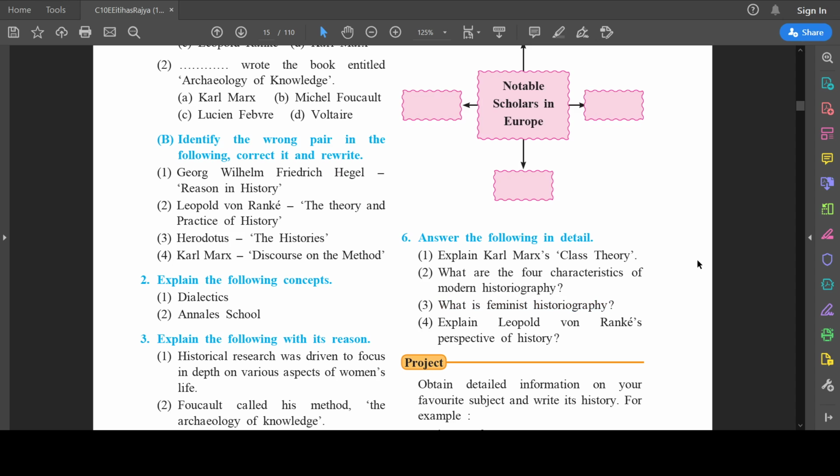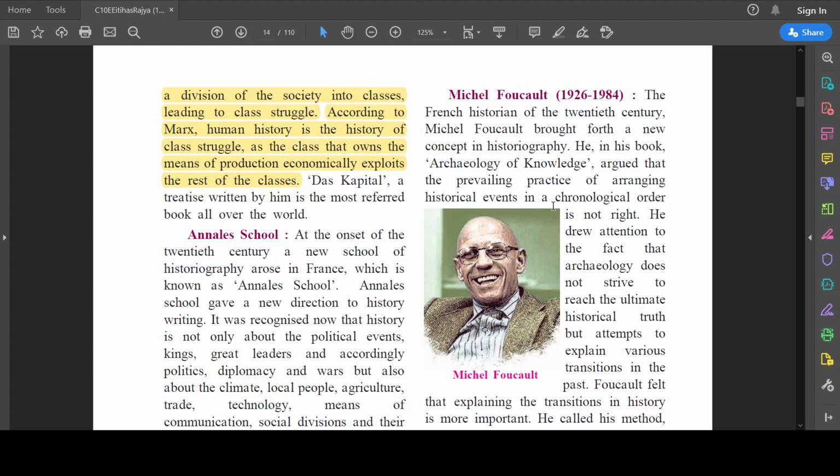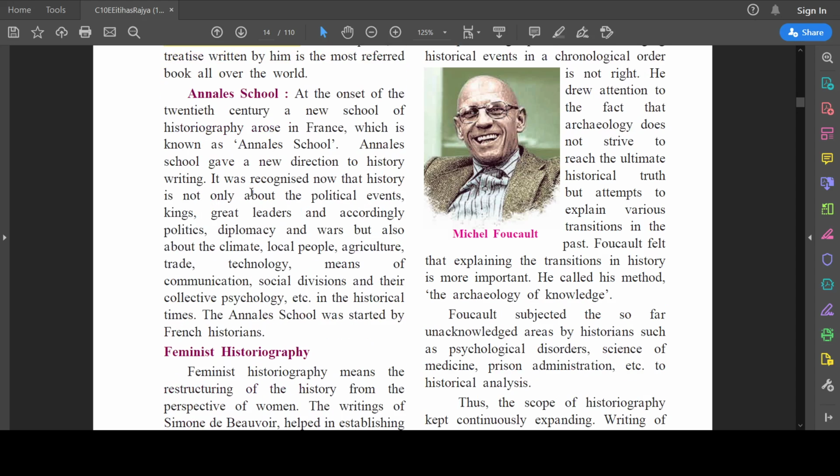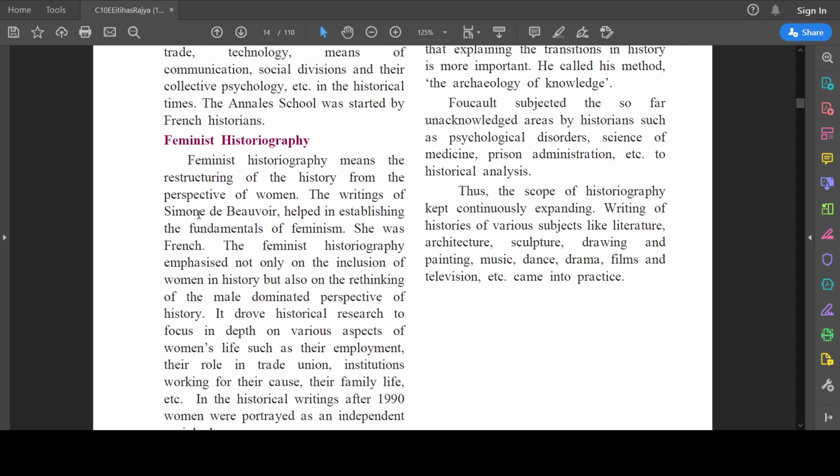That's on page number 5. This is page number 5 here. So here this is feminist historiography. Remember, I marked this answer over here. So that is 6.3 and also 3.1.